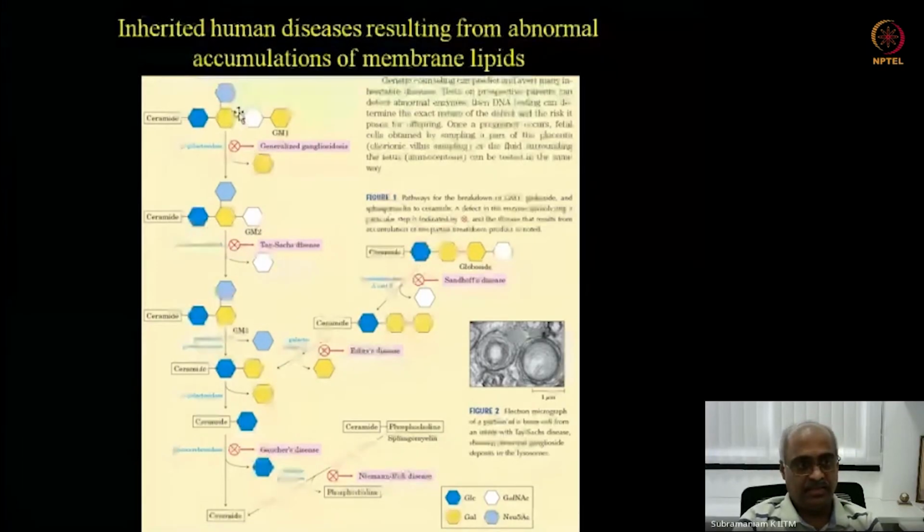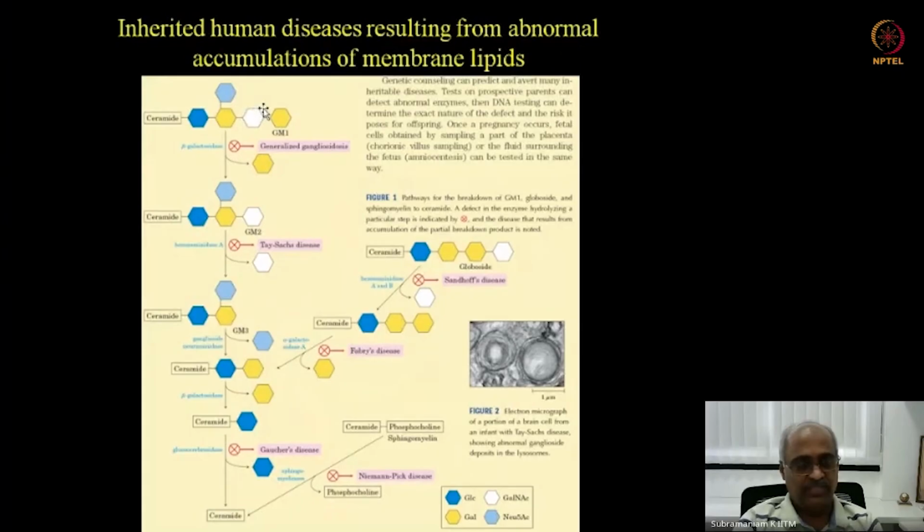Here the breakdown of specific carbohydrate, sugar moieties from this long chain is catalyzed by specific enzymes. For example, from this ganglioside, remember, ceramide with the oligosaccharide is what we learned as ganglioside, you have a beta galactosidase enzyme that removes this particular sugar.